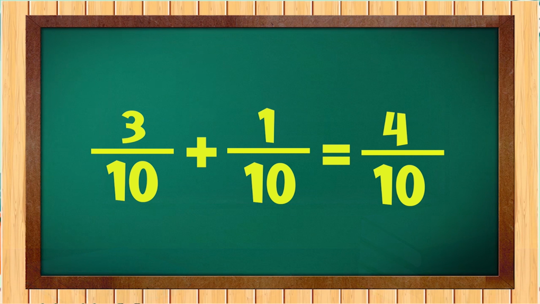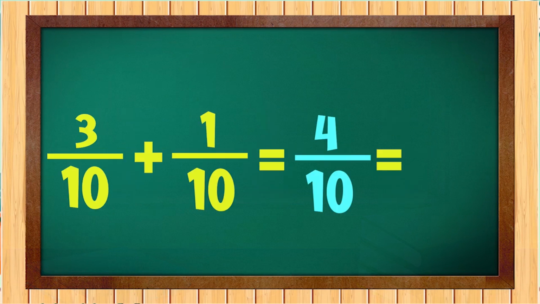It can be reduced. So let's reduce the fraction 4/10 to a simpler form. So what number can go into both 4 and 10 without leaving a remainder? Did you say 2?